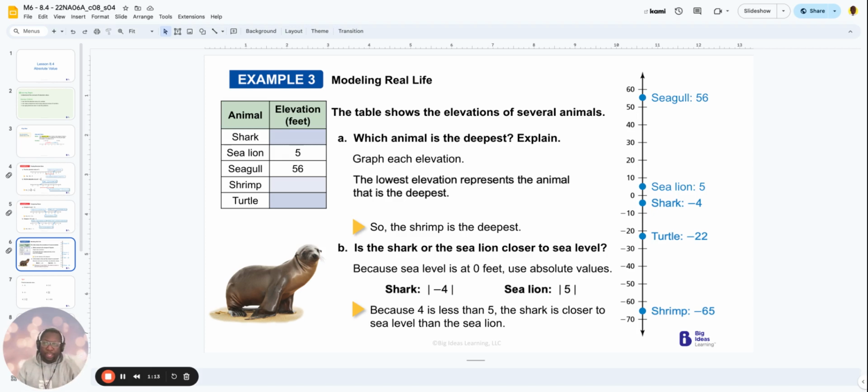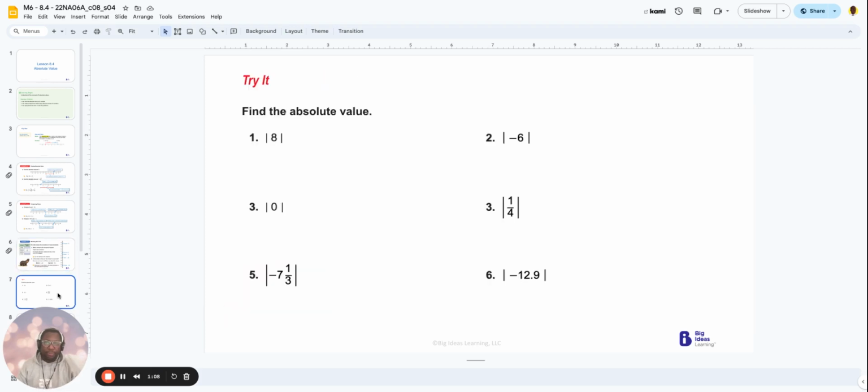Finally, let's take a look at some of these examples that we have here. You're asked to find the absolute value of +8. How far away is 8 from 0? 8 units is correct. Number 2, what's the absolute value of -6? Number 3, what's the absolute value of 0?